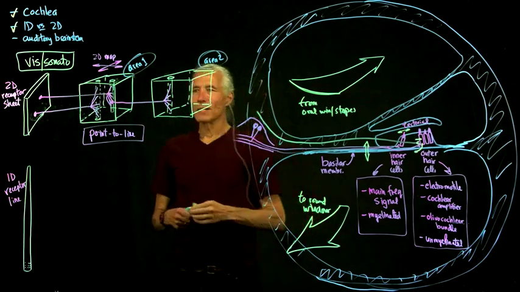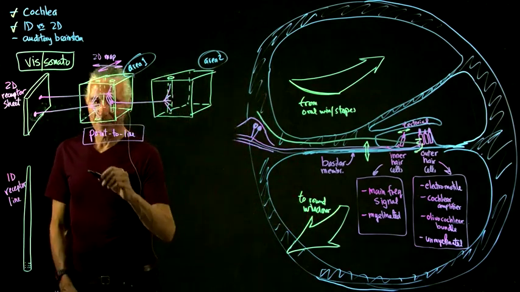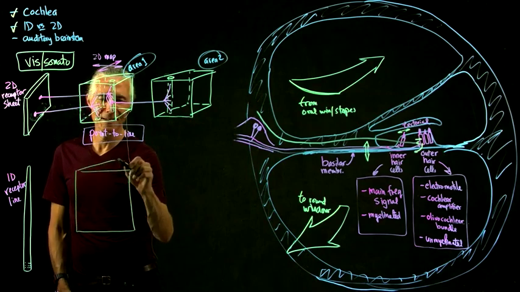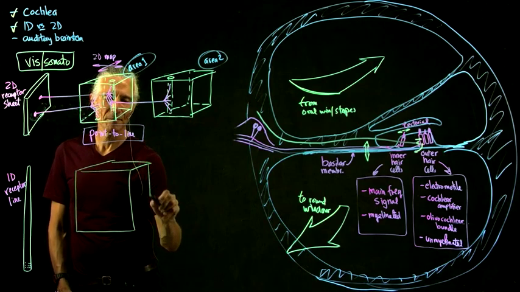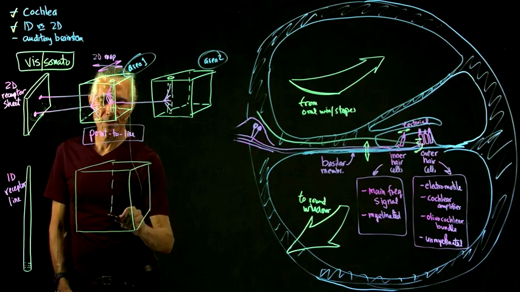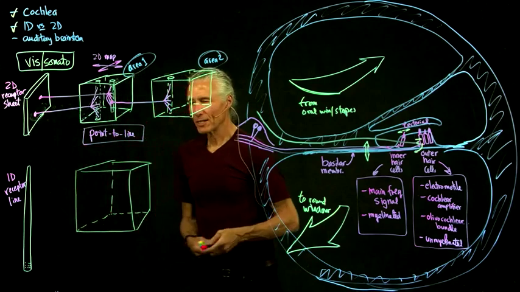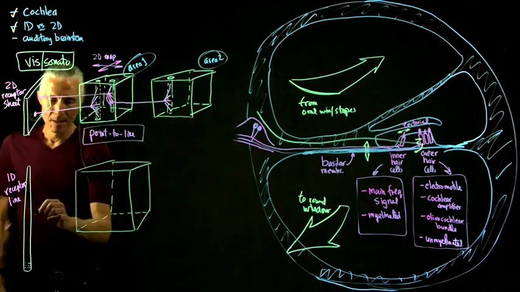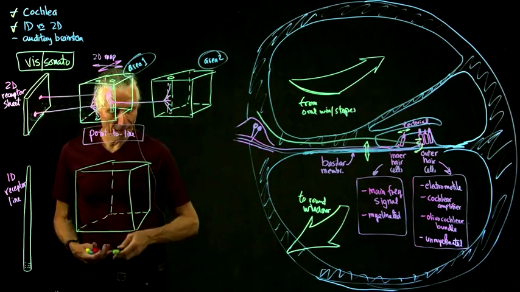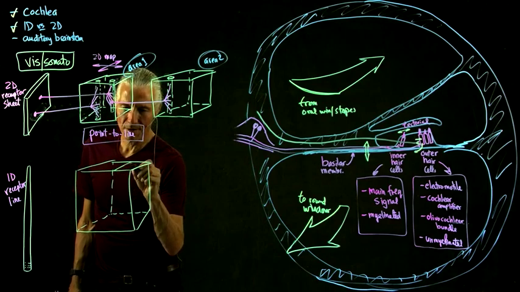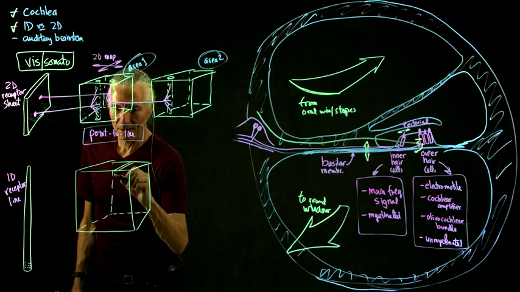Now what happens in the auditory system is a little more complicated. You have an extra dimension. If you look at what happens when these projections come in, they actually project to a plane. Here's a little plane.